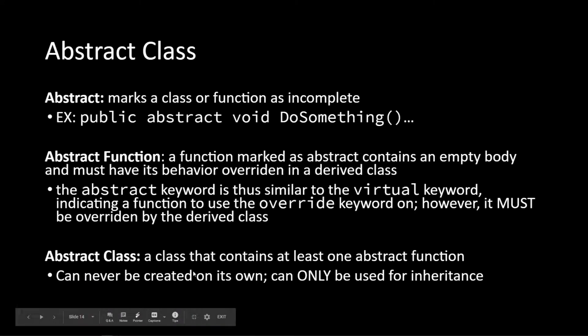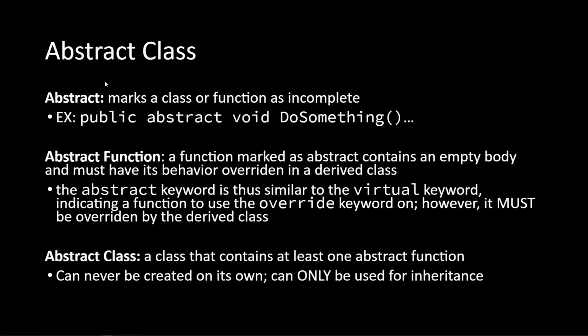There is some additional functionality of classes that we can use, something called an abstract class. We're talking about abstract classes and also interfaces. Sometimes you might mark a class or function as incomplete using abstract.